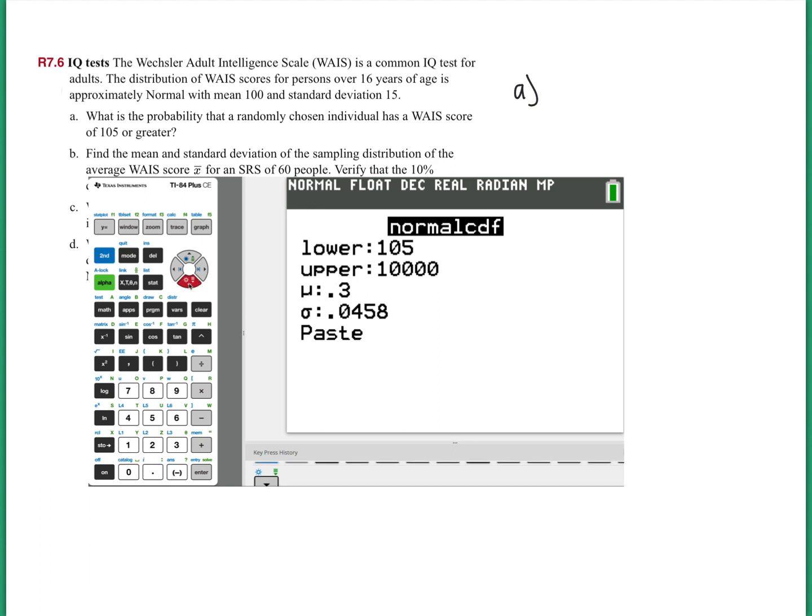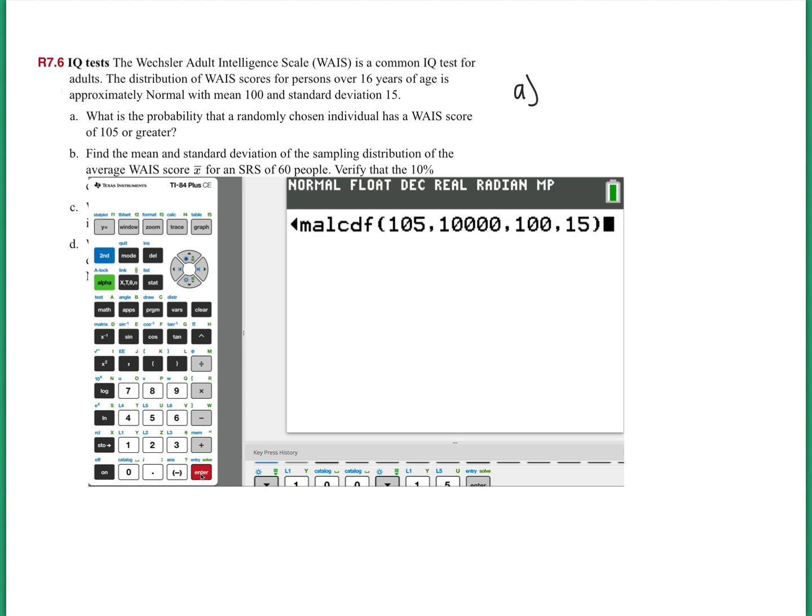They tell us the mean is 100 of this distribution, and then they tell us that the standard deviation is 15. So this is not a sampling distribution. This is just a normal probability distribution. Okay, so that'll be our probability. So for A, what's the probability? Probability is 0.369.